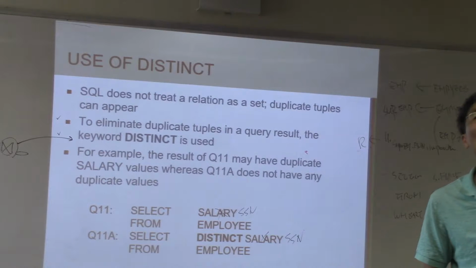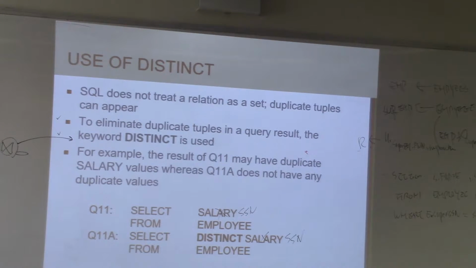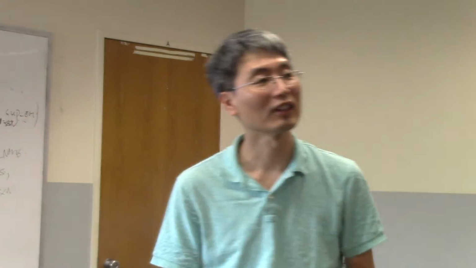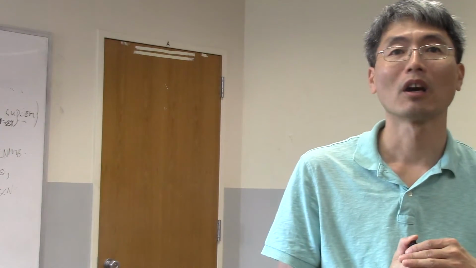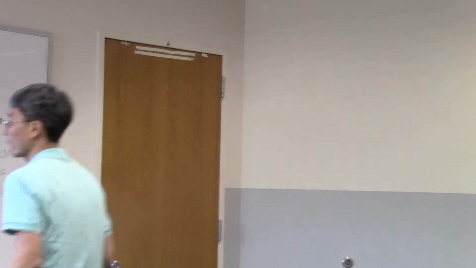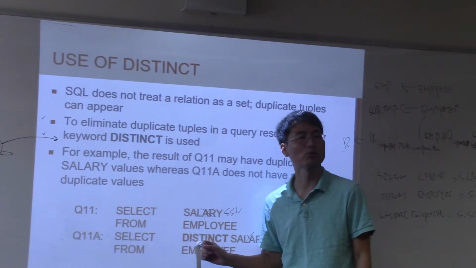You need to sort the data. You need to do a sorting algorithm. What if you have 10 million rows of data? It will take time to sort the data. In this case, we have only 11 employees, so it doesn't take time. However, when you have very large data, some developers instinctively put DISTINCT.